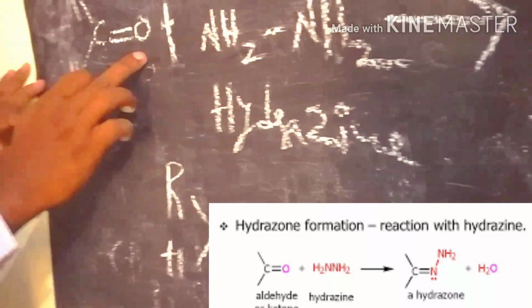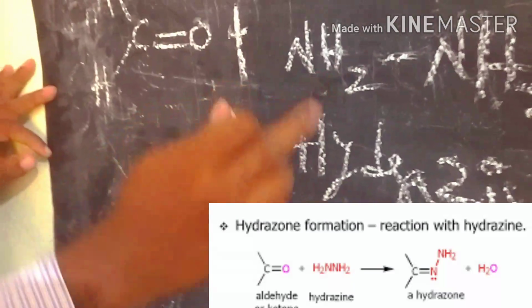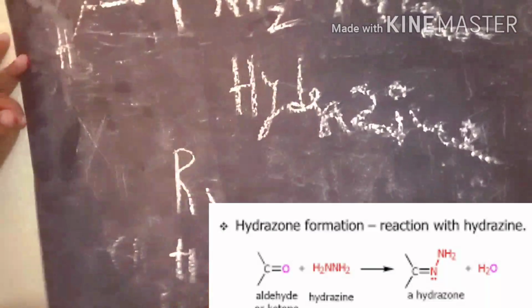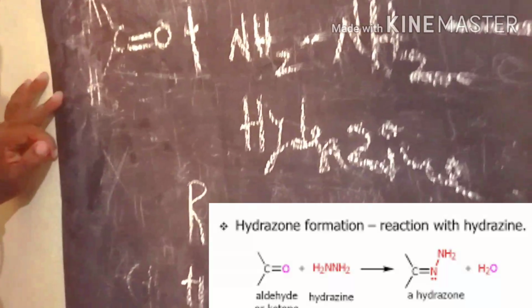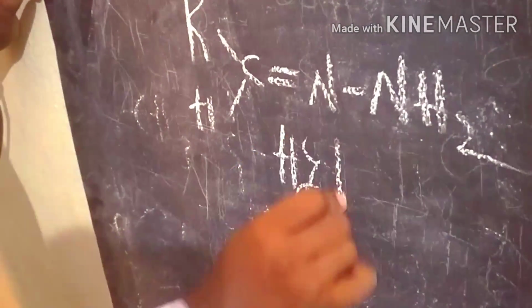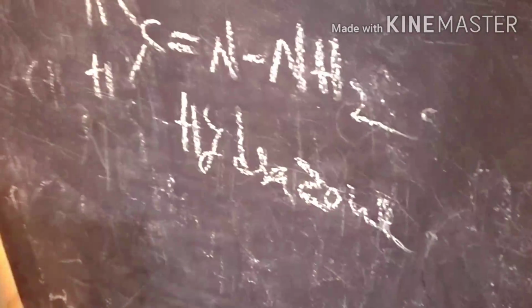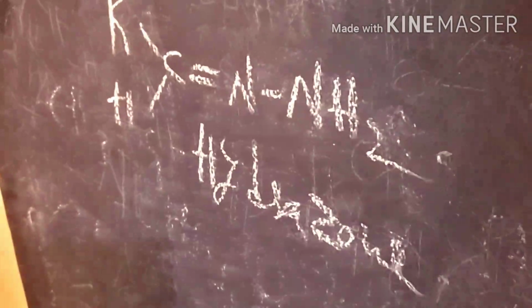Here also the same thing: the oxygen and H2 lose a water molecule, and we get carbon double bonded to nitrogen with NH2. This product we call a hydrazone. If you react with a ketone, here also the same product, hydrazone, is obtained.